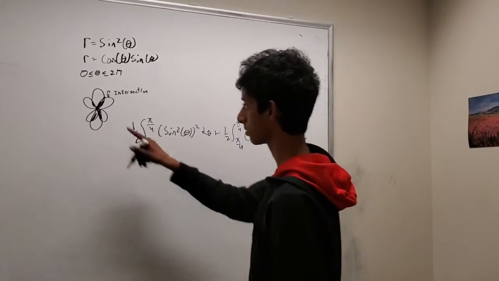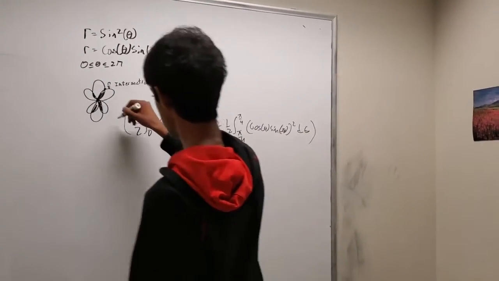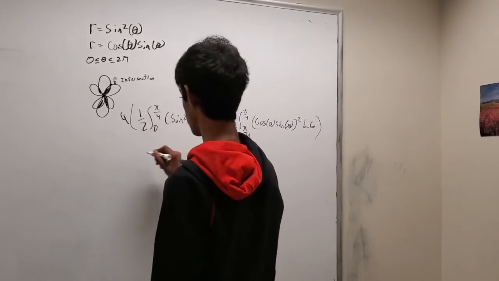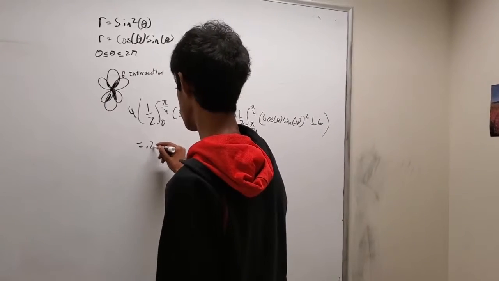And because this is only one of the regions, you have to multiply the entire thing by 4 to find the area. After you plug this into your calculator, you would get 0.285.